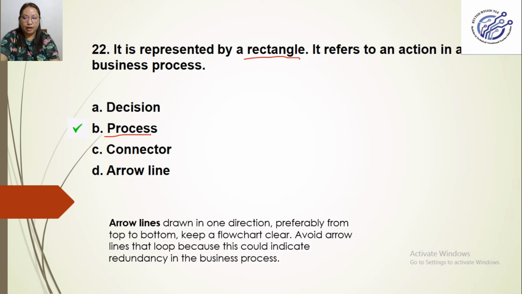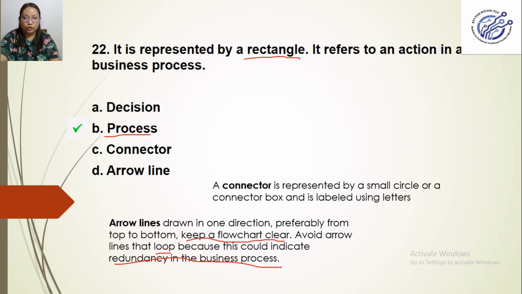Keep flow charts clear. So, itong arrow po ang nagpapakita po kung saan po ang direction po ng ating flow charts. Sabi dito sa last part, i-avoid daw po natin yung lines na loop po siya kasi this could indicate redundancy in the business process. Then, connector.